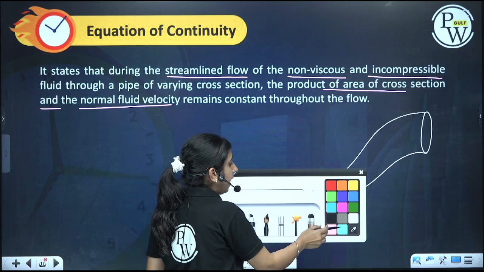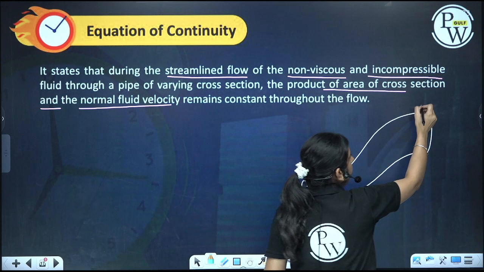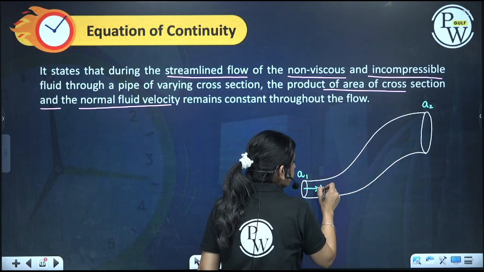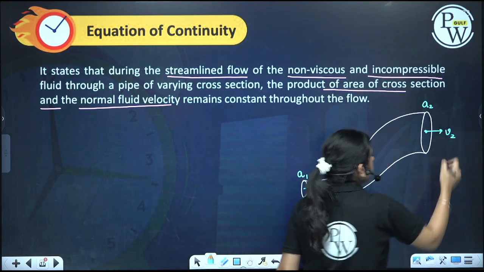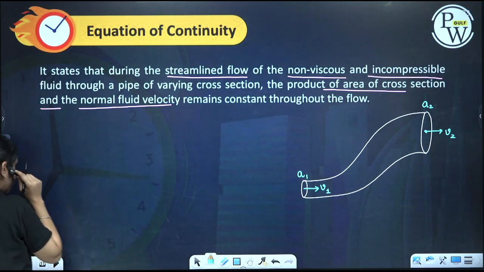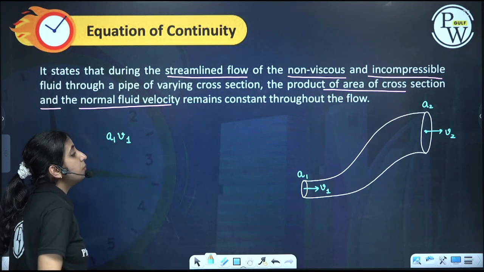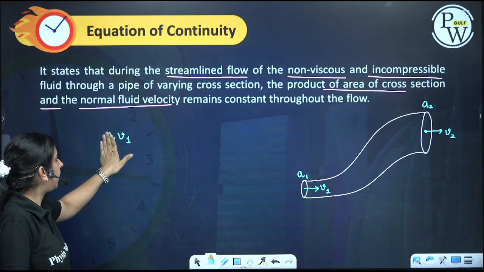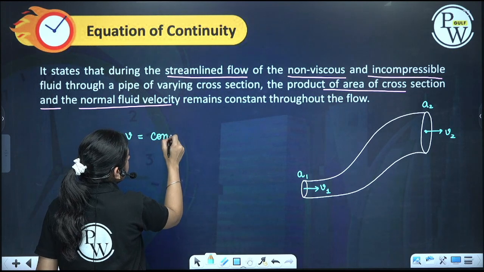Okay, if we have area of cross section as A1 over here and A2 is the area of cross section over here, fluid is having some velocity V1 at this point, fluid is having some velocity V2 at this point, then the equation of continuity says that A1 into V1, the product of fluid velocity and area of cross section, that is A into V, this will remain constant.